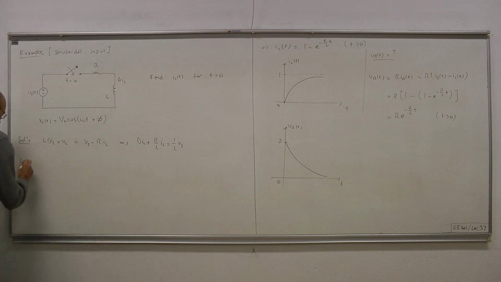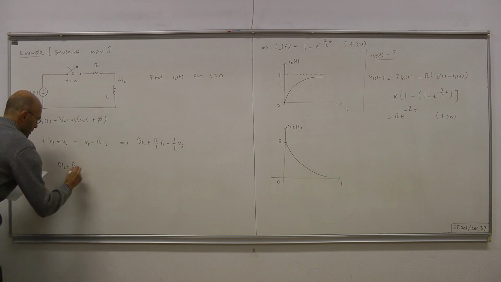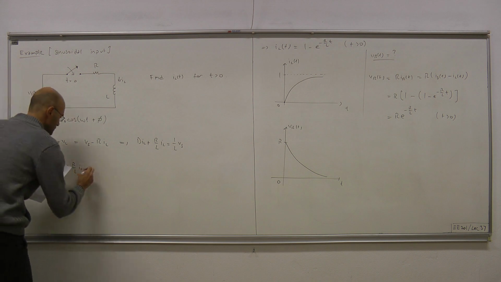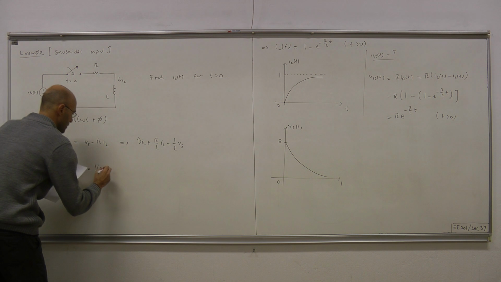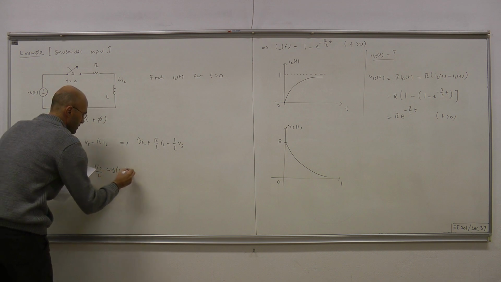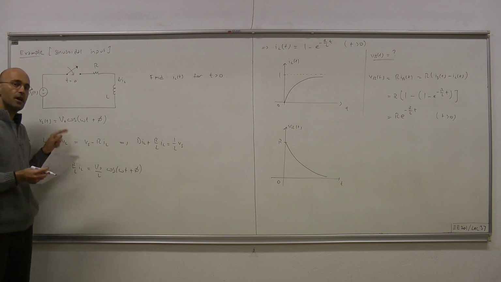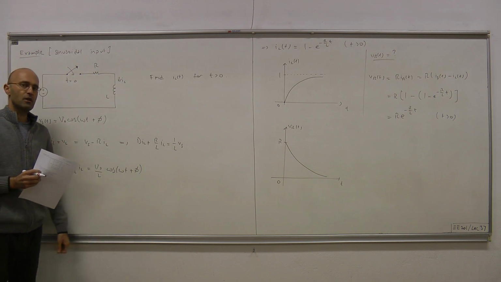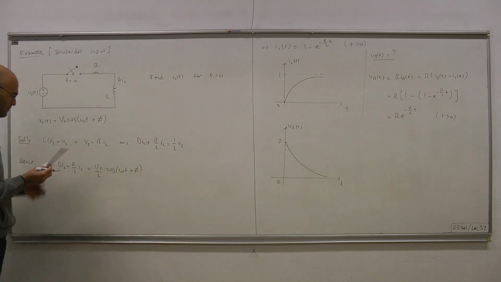Therefore, dIL/dt plus R over L IL equals V0 over L cosine(omega t plus phi), because Vs is given to be this sinusoidal function. This is the differential equation to be satisfied by our inductor current.